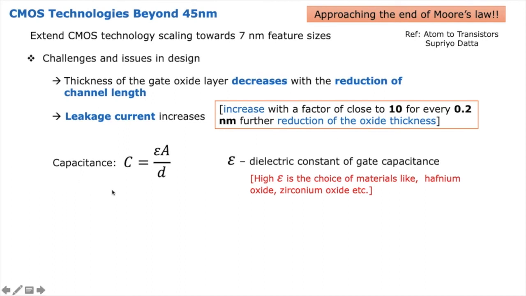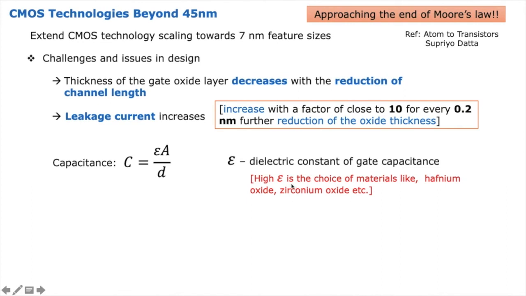So what is important is the gate capacitance, which you know is epsilon A by D, where epsilon is the dielectric constant, A is the area, and D is the thickness. Now if you reduce this D, your capacitance increases, but leakage current also increases. So you have to compromise between these two parameters: you can use a higher dielectric constant material, such that you can still go for a little bit higher thickness.